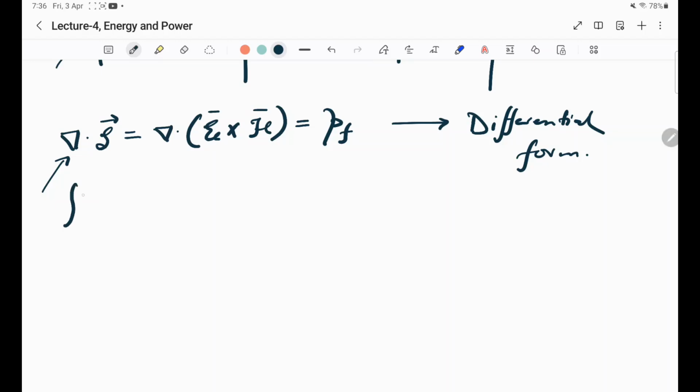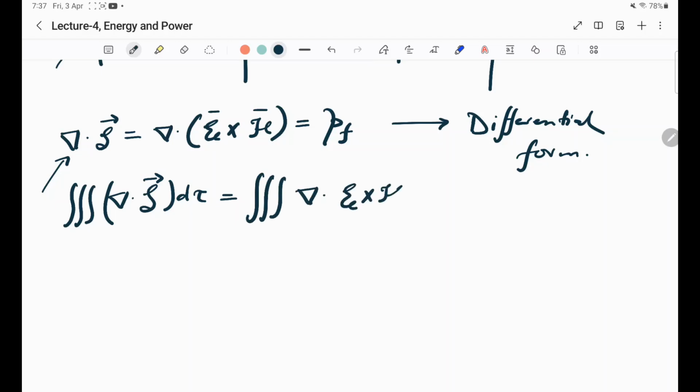So the triple volume integration of del dot S d tau is equal to the triple volume integration of del dot E cross H d tau is equal to the triple volume integration of PF d tau.